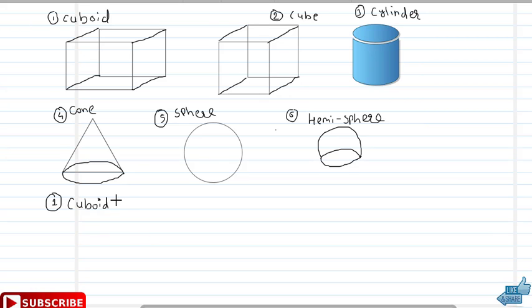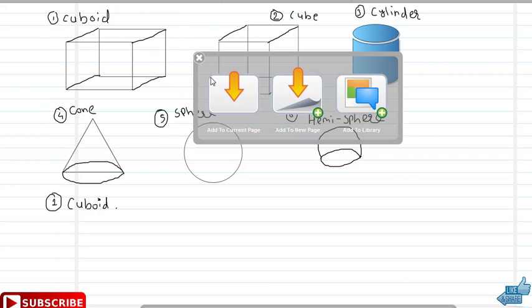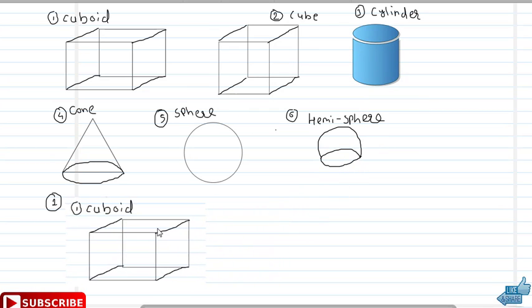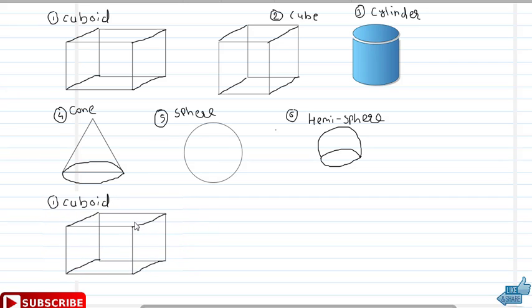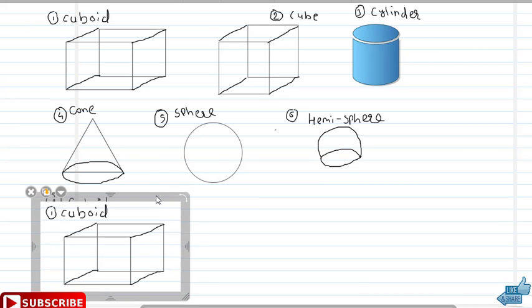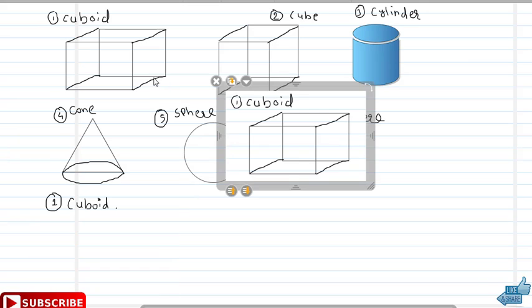Now if you observe this cuboid, you can easily see that, or let me just take this cuboid below. See, this is my cuboid. Or I will just take this cuboid on the next page.